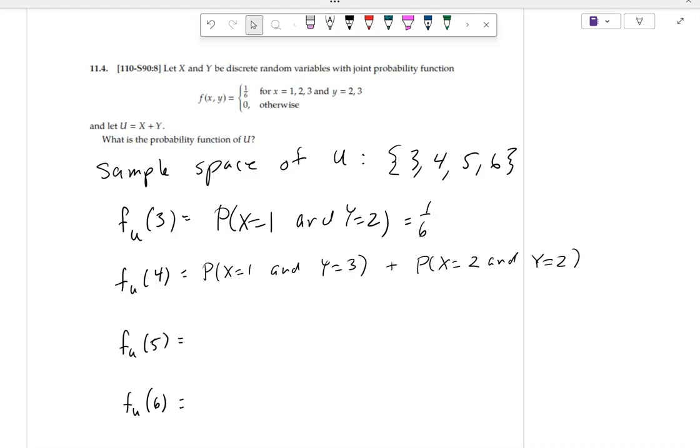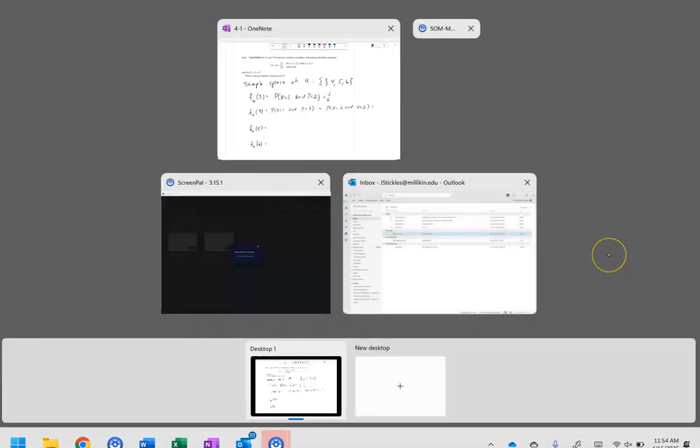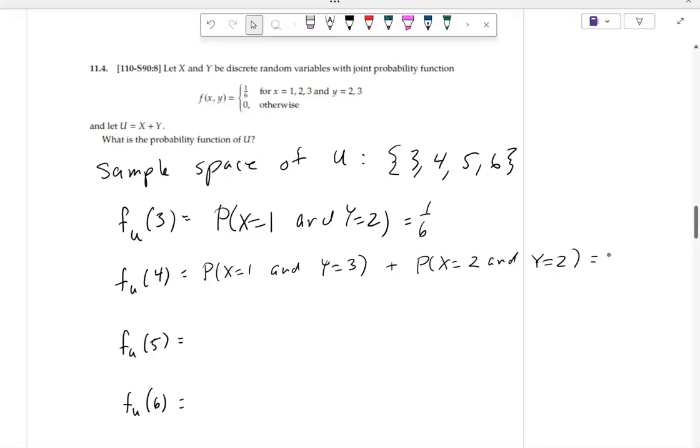Those are mutually exclusive cases, right? x is 1 and y is 3, or x is 2 and y is 2. They'll both have a 1/6, so I'd have a 6th plus a 6th equals a 3rd.